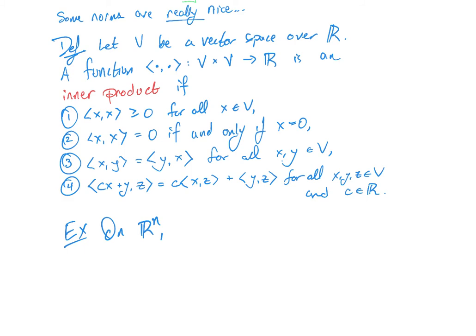So we could have the inner product of x and y be the sum of the products of their coordinates. That's the dot product.